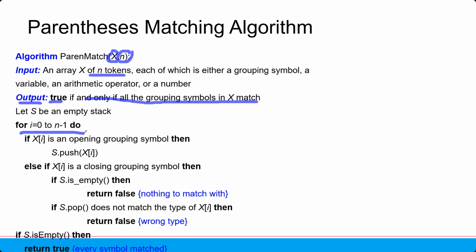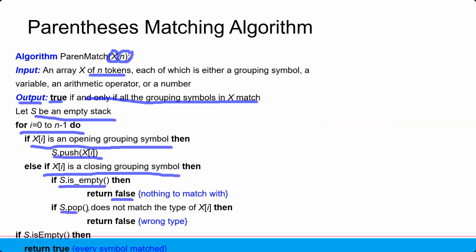So we can have the loop. Okay. So let S be the empty stack, and then we will do the loop from 0 until n-1. If xi is an opening grouping symbol, then push it into the stack. After we push, okay, we will check again. If xi is a closing grouping symbol, there will be some conditions. If the stack is empty, then return false.